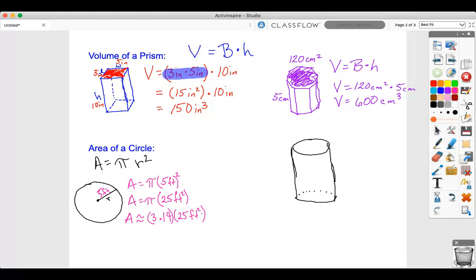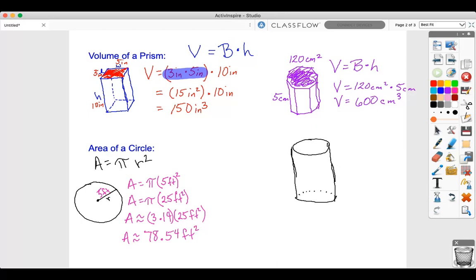And then I'm going to have you round to the nearest hundredth. So that's 2 decimal places. So here I had the pi button on my calculator. So that gives me, when I multiply these together, 78.54 feet squared. And it's approximately.